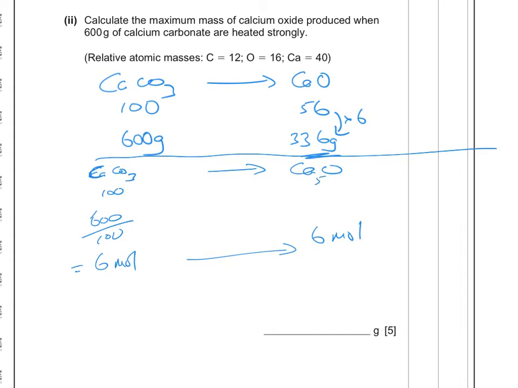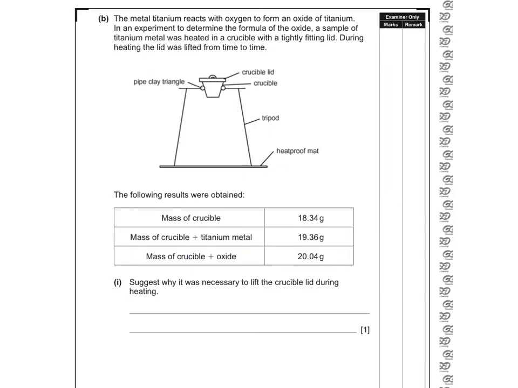Well, 1 mole of calcium oxide has an RFM of 56, so if you have 6 moles, then the mass would be 56 times 6. There's your answer. For part B, we're heating a sample of titanium to form titanium oxide.